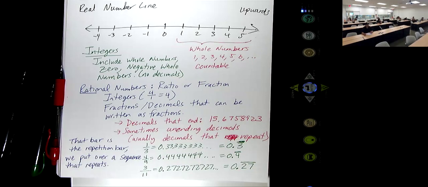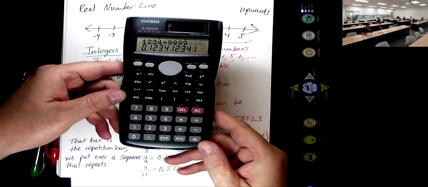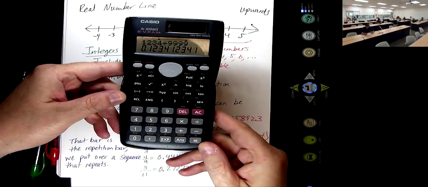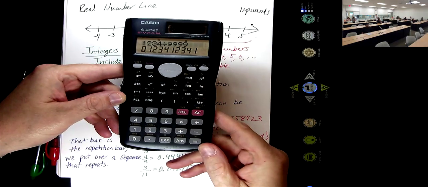Let's see if I can make a really big one. 1 2 3 4, 1 2 3 4, 1 2 3 4.